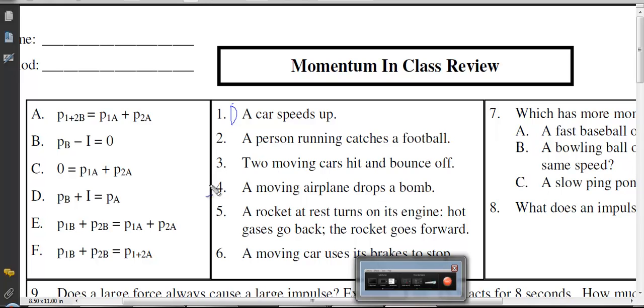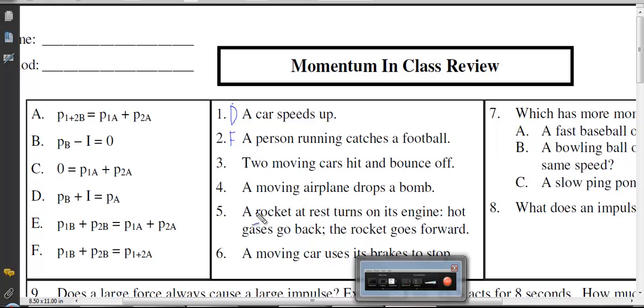Of all the different choices here, F looks like the best one, where here we have the momentum before of the person running, here we have the momentum of the thrown football, here we have the momentum of the person and the football after it's been caught. So 2, we would say this is F.